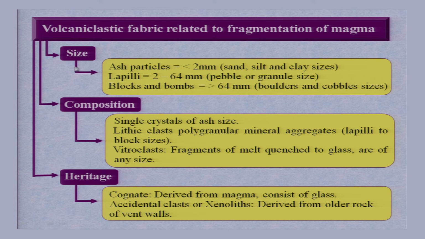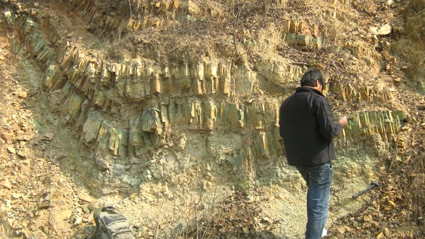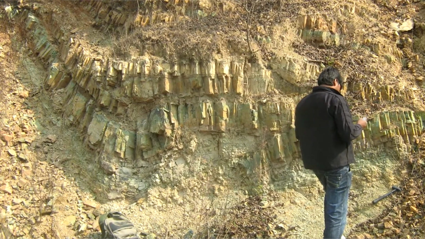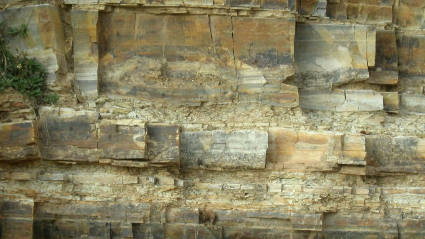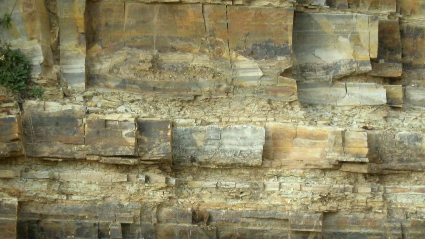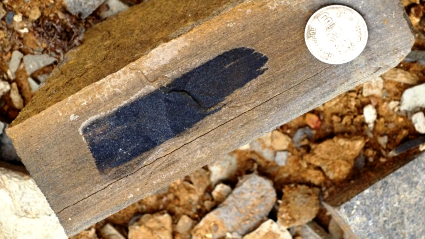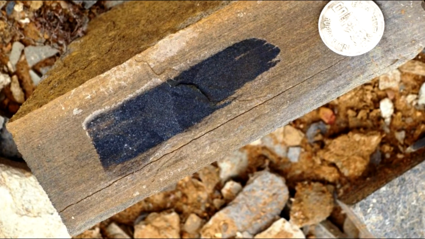First, I will discuss size. They can be classified as ash particles, less than 2 millimeter in size: sand size, silt size or clay size particles derived out of explosion of the volcanic glass or any other igneous rock. Lapilli have a size range of 2 millimeter to 64 millimeter, similar to pebble or granule size.